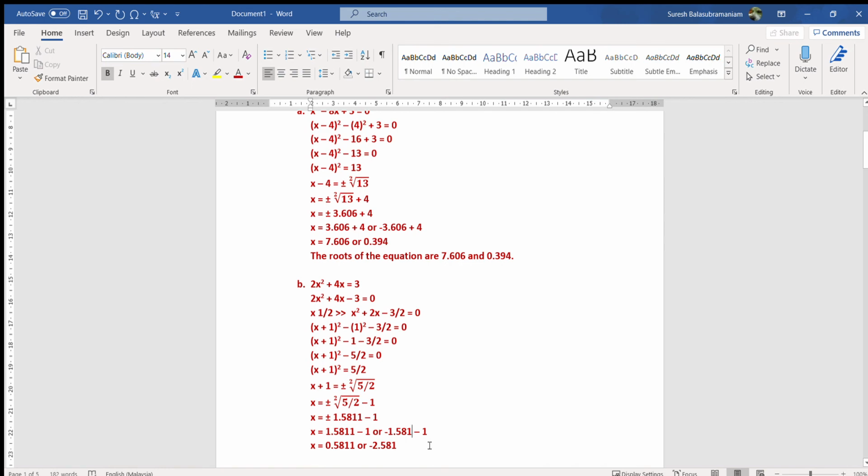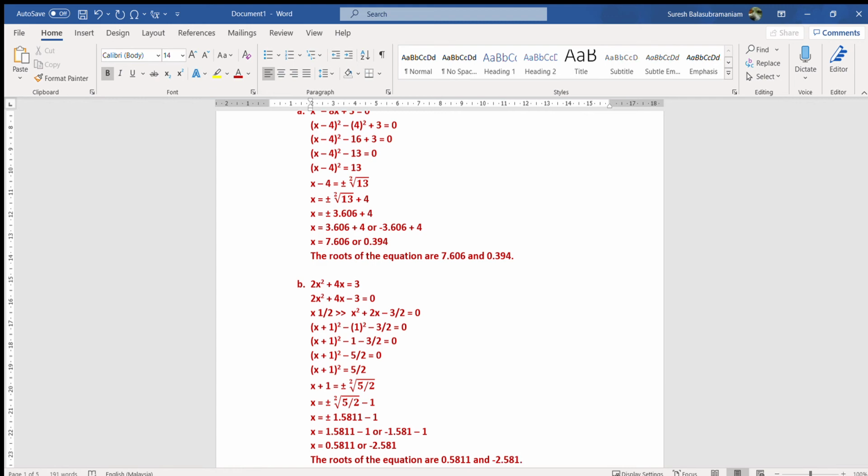So that will be my roots for the equation. I can write down there, the roots of the equation are, I'll start with the bigger number, that is 0.5811 and negative 2.581.